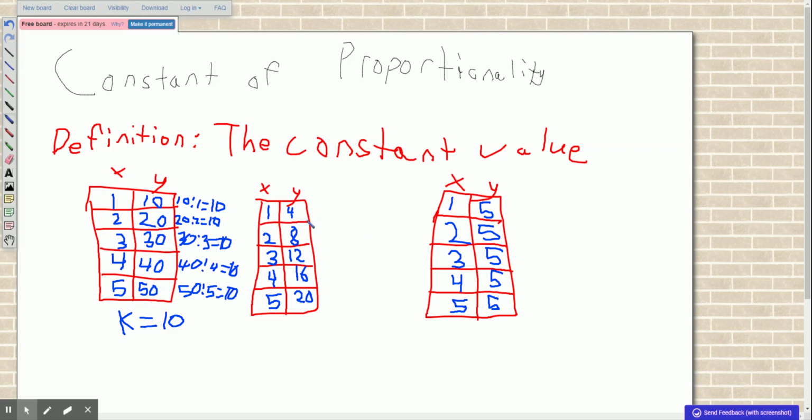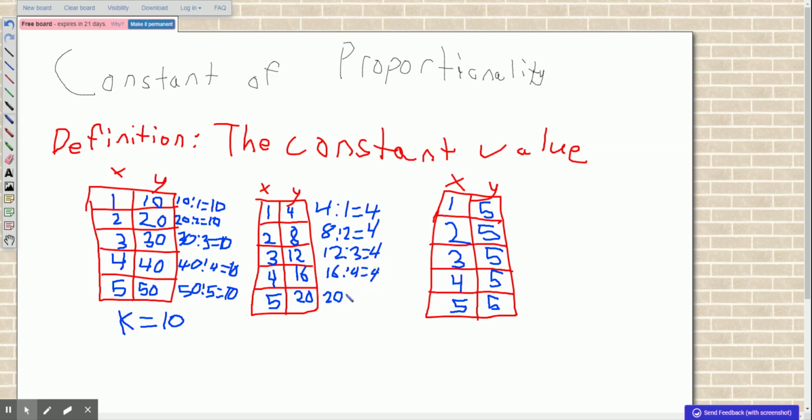Similarly over here, if we look at each one of these ratios, this one here would be a ratio of 4 to 1, which would give me a rate of 4. 8 to 2 would give me a unit rate, again, of 4. 12 to 3 would give me a rate of, you guessed it, 4. 16 to 4 would give me a rate of 4.